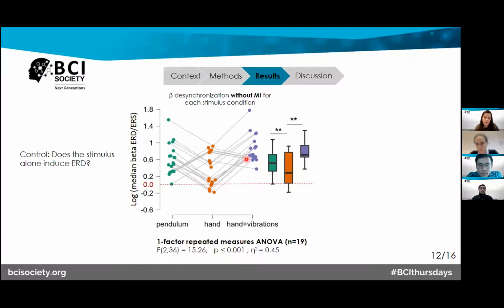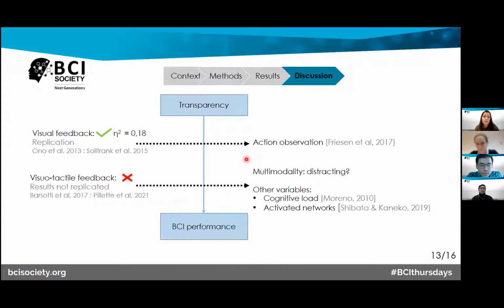So to discuss a bit about our results, we showed that the transparency of the visual feedback seemed to improve the BCI performance. So this replicates the finding from two previous studies. And one element that could explain this effect is the fact that when you observe a virtual hand performing a movement, it's going to desynchronize your activity quite in the same way as when you imagine a movement.